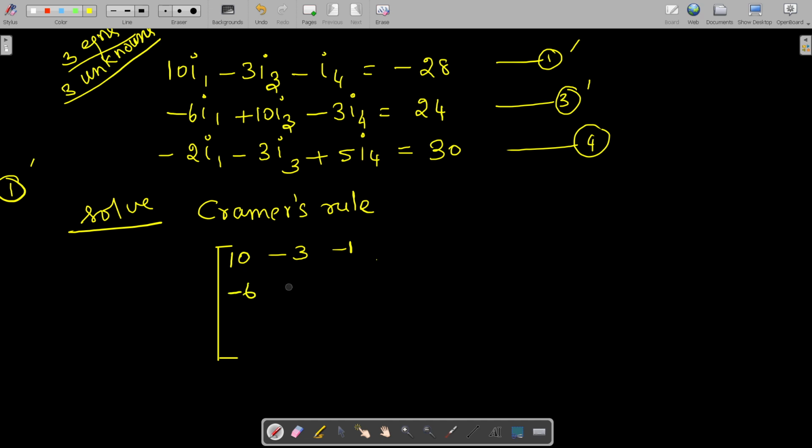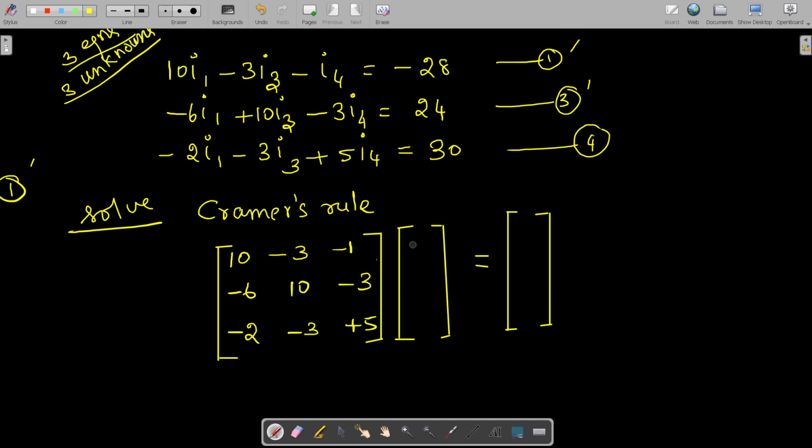This is minus 6, 10 and then minus 3 in the second equation. From the third equation it is minus 2, minus 3 and plus 5. So here we can write the variables I1, I3 and then I4, which are unknowns, right? So here we have the voltages: minus 28, this is 24 and then this is 30.